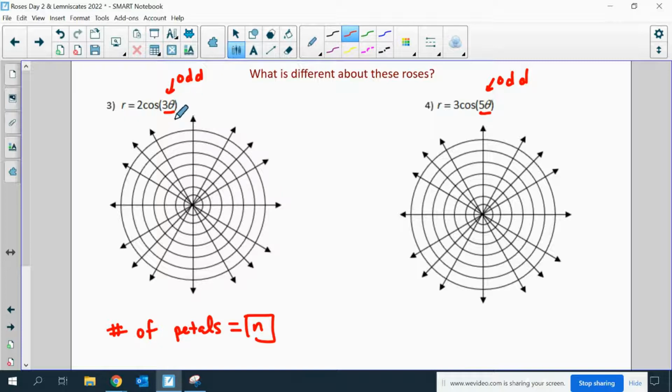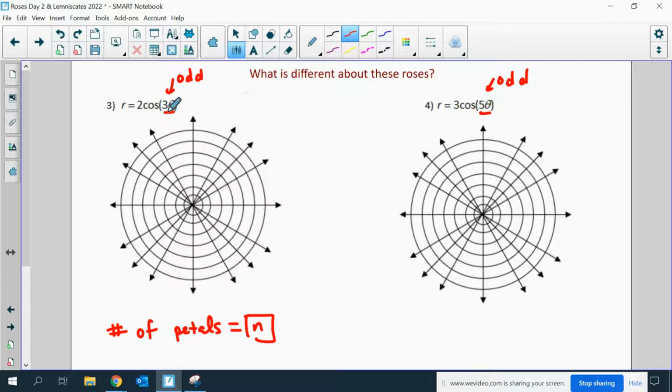And the reason for that is that when we have an odd number on the inside, once we get to pi for theta, then what ends up happening is I start getting negative values for r, and it starts repeating the exact same graph that I did.